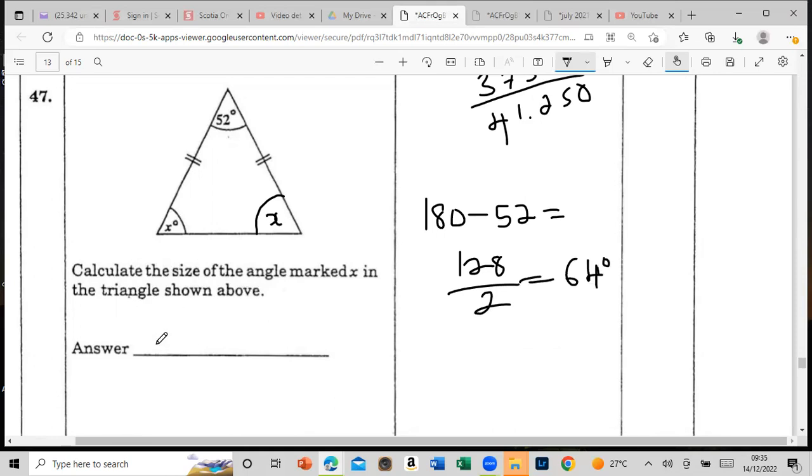So X is equal to 64 degrees. Remember, it's angle 64 and 64, 128, 128 plus 52. Guys, make sure you add it up, just in case, sometimes you can make some simple error. So you come to 0, carry 1, 8. So it's 180. Alright? Always double check your work.